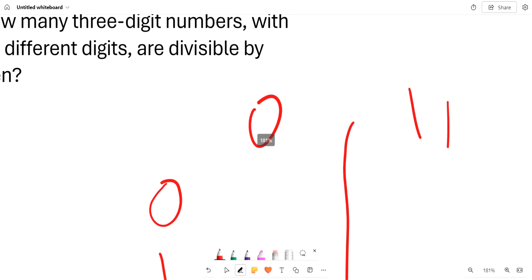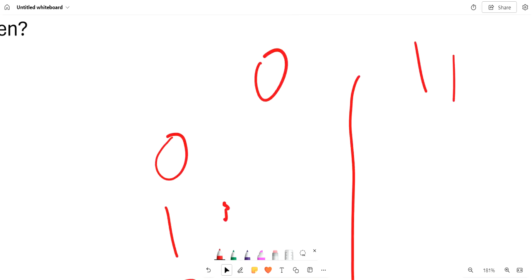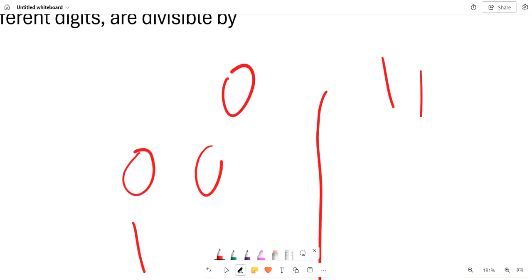So if we sum to 0 here, there are no choices because the only number that sums to 0 is 000, which isn't a 3-digit number, so there are none.